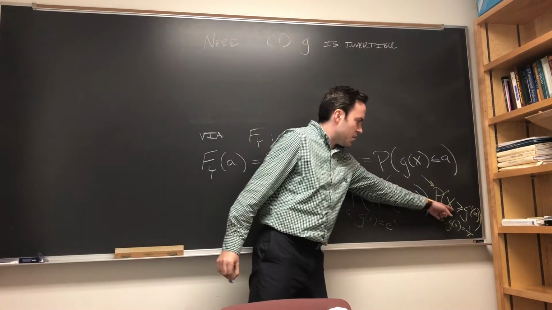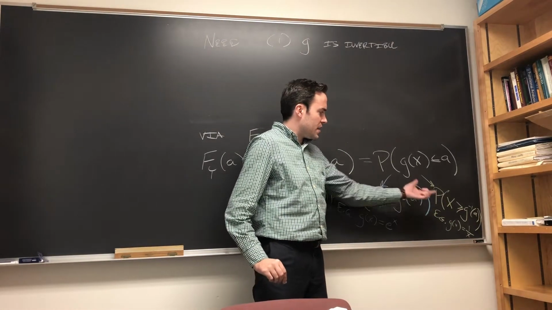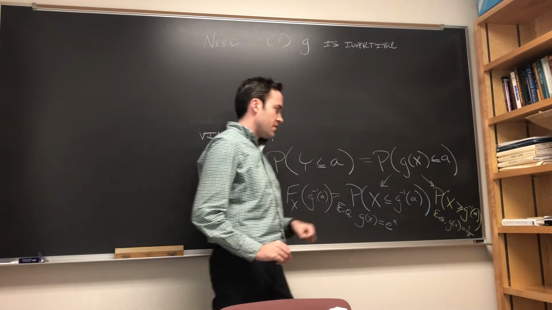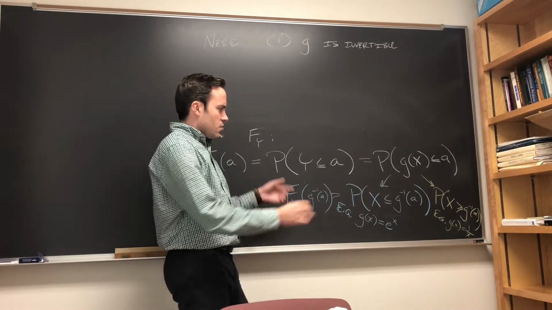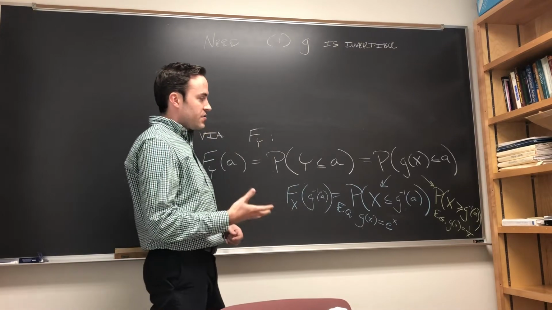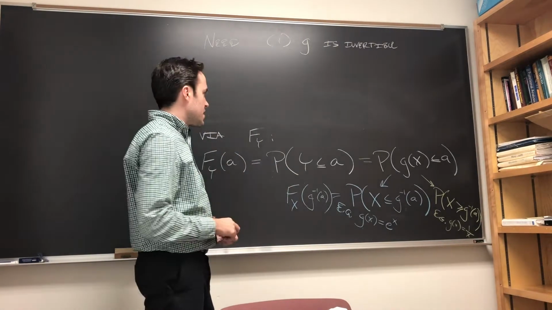And this yellow one is really a complementary kind of statement about the CDF, and so what we did there was turn it into 1 minus the cumulative distribution function of X evaluated at g inverse of a. So a couple different ways that this calculation could go, effectively turning this thing into a plus or minus situation, which we'll see in a second.